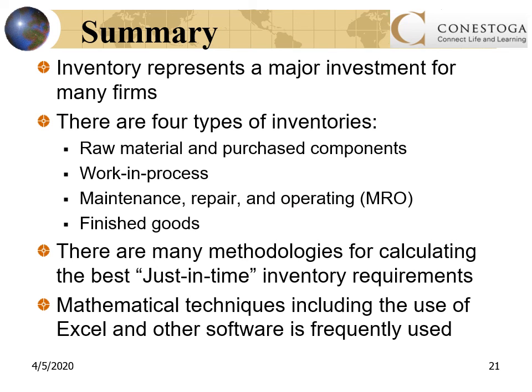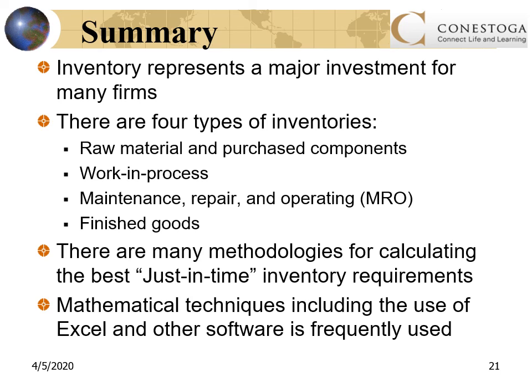With this, I'm quickly summarizing what we have studied till now. The first point is inventory represents a major investment for many firms. There are different types of inventories: raw material, work in process, maintenance, repair and operating supplies, and finished goods. We looked at the formulae of EOQ and the reorder point.